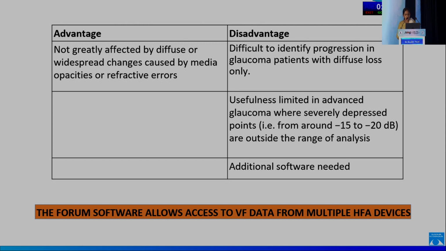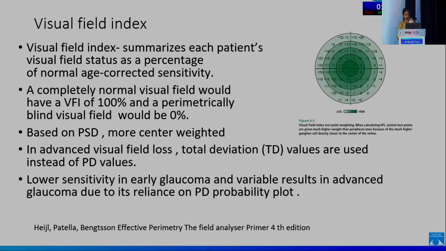The Forum CS software allows access to visual field data from multiple HFA devices. The visual field index, as we've already discussed earlier, is mostly based on pattern standard deviation and is more center weighted. However, in advanced visual field loss, the total deviation values are used instead of the pattern deviation values.